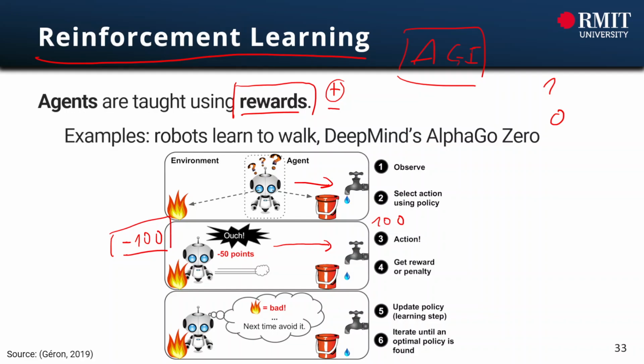So in reinforcement learning, it's very important to design the proper reward system. The key idea of reinforcement learning is that we use a reward system to train the agent. We don't need to use knowledge. We only need to give it the reward.